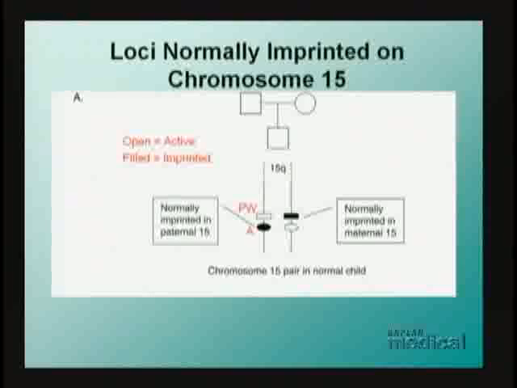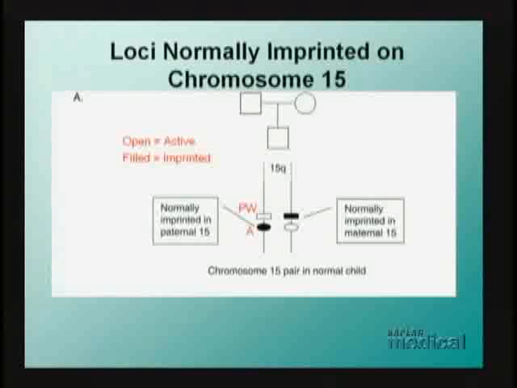The copy coming from the mother is on the right. For the Prader-Willi gene, the open rectangle indicates that the gene coming from the father is active, working, produces a functional protein. The rectangle on the chromosome 15 coming from the mother is filled in, indicating that the mother has methylated, imprinted, and turned off that Prader-Willi gene in her chromosome.